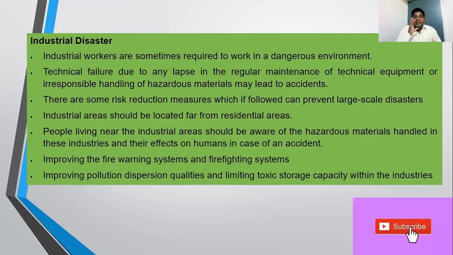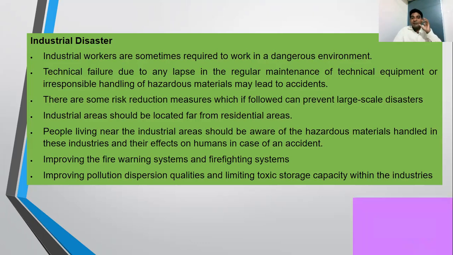One is that industrial areas should be located far from residential areas. When you are establishing an industry, or an industrial region where industries are located close by, that region has to be allotted far away from the residential areas.